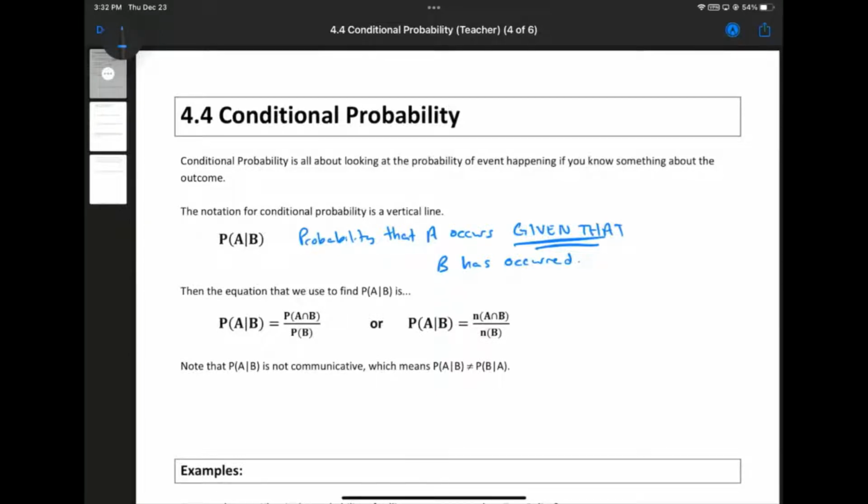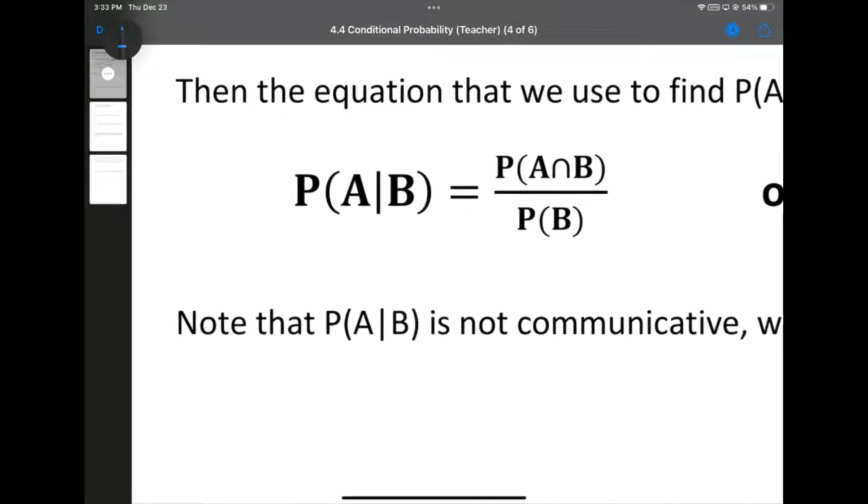So the equation that we're going to use for the probability of A given B is just the probability that A and B have occurred divided by the probability that B occurred. Or I should say A and B will occur, because I don't know if they've happened or not yet. Now, I want you to note that probability is just the number of ways things can happen divided by the number of things in the universal set.